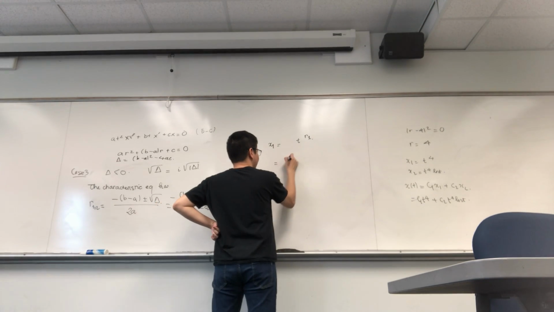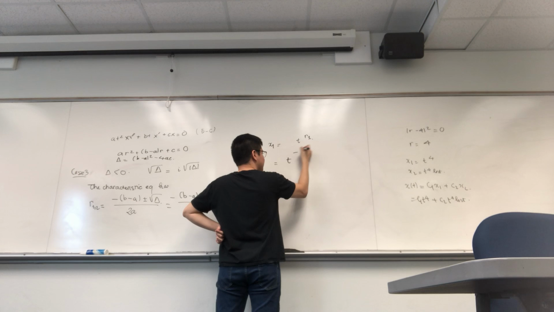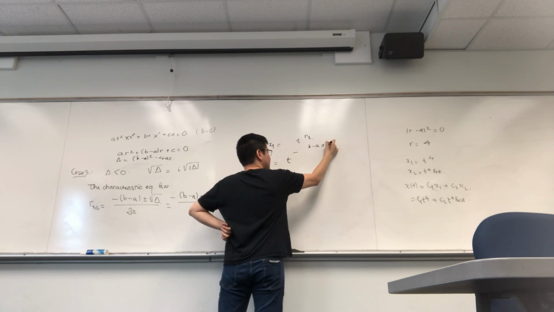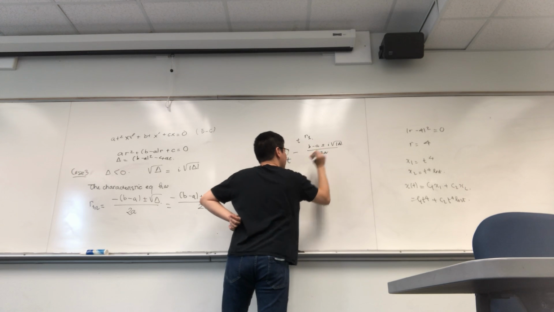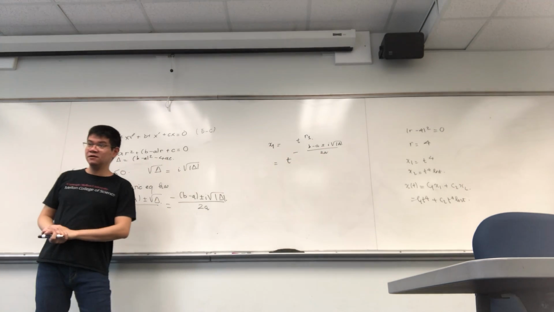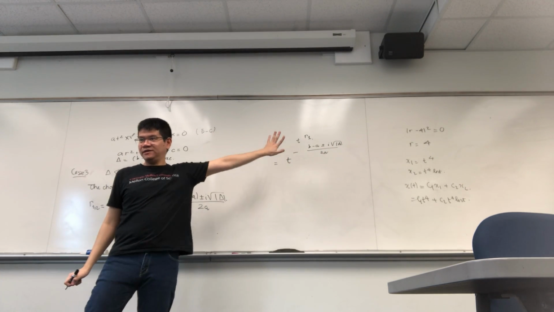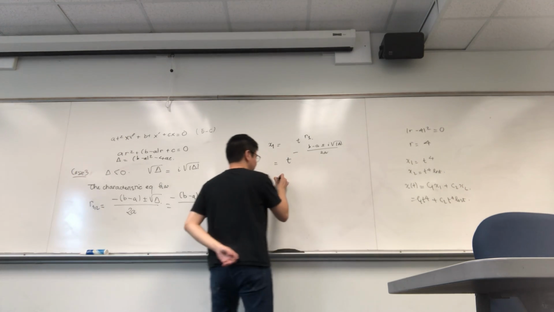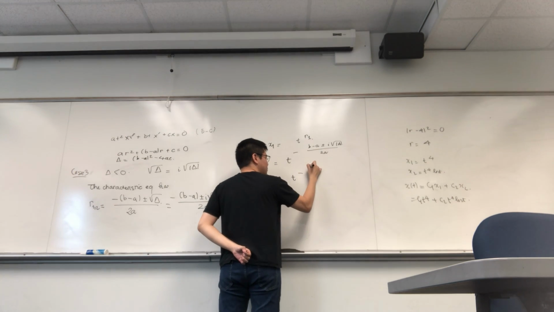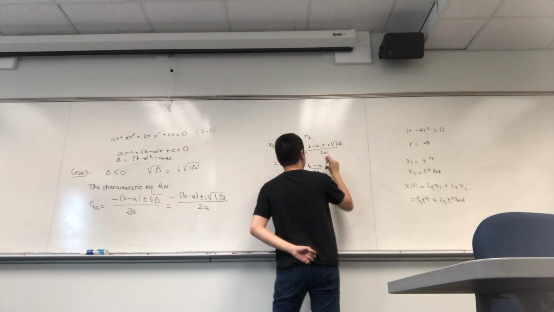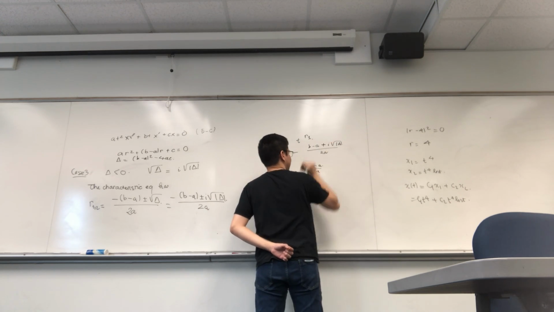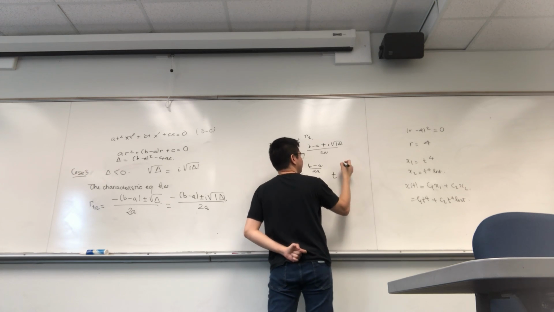So this t to the r1 will be t to the minus (b minus a) plus or minus i square root of delta over 2a. This is a complex number, right? So we have trouble, but it's fine. So we have t power minus (b minus a) over 2a, which is the real part. But let me consider plus first. So you have i t to the square root of delta over 2a.